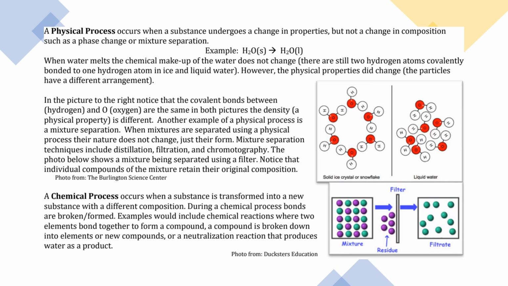A chemical process occurs when a substance is transformed into a new substance with a different composition. During a chemical process, bonds are broken and formed. Examples would include chemical reactions where 2 elements bond together to form a compound, the compound is broken down into elements or new compounds, or a neutralization reaction that produces a product such as water.